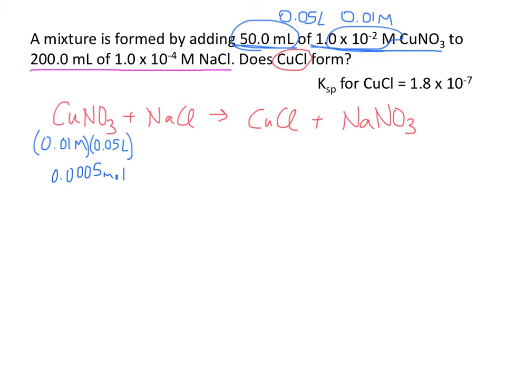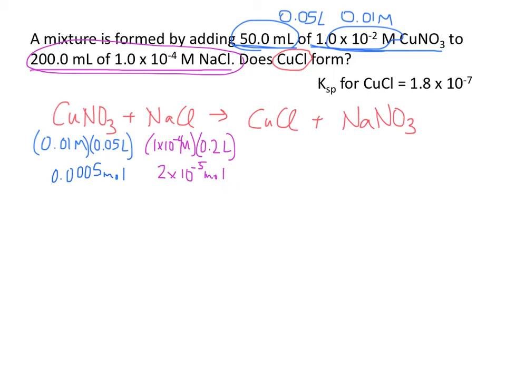So that's the copper nitrate part of it. Let's look at the sodium chloride part of it. The sodium chloride part of it is 1 times 10 to the negative 4 molar times 0.2 liters, and that is 2 times 10 to the negative 5 moles.